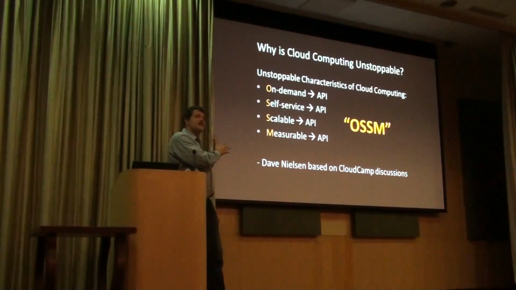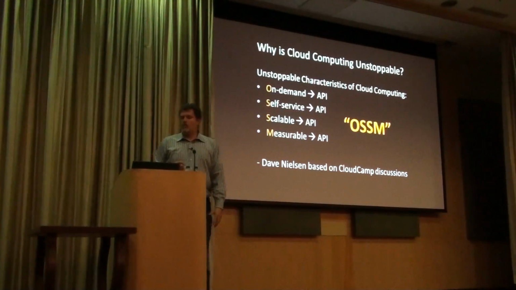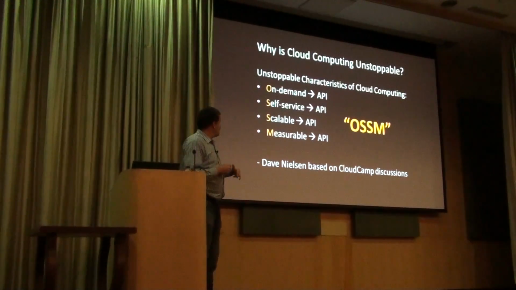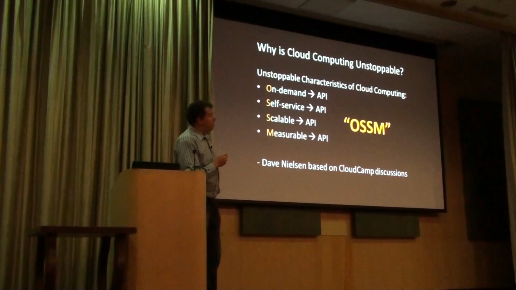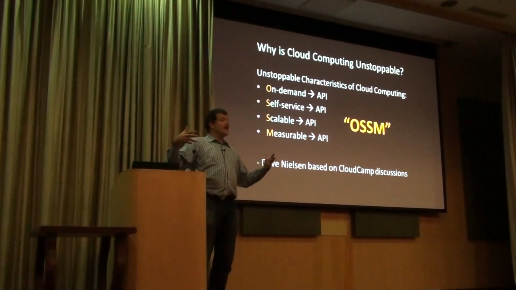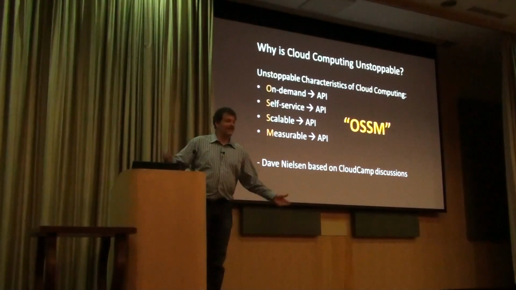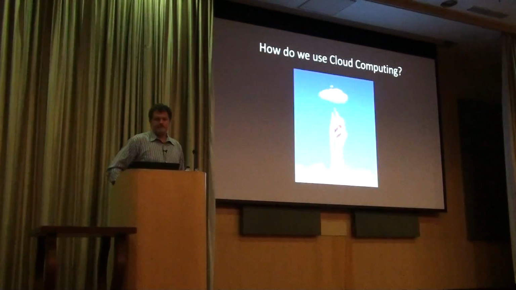So that's where you can see the cloud going. And with all of this, you can characterize it as being on-demand, self-service, scalable, or measurable, or the acronym OSSM, which sounds like awesome. So cloud computing is awesome.